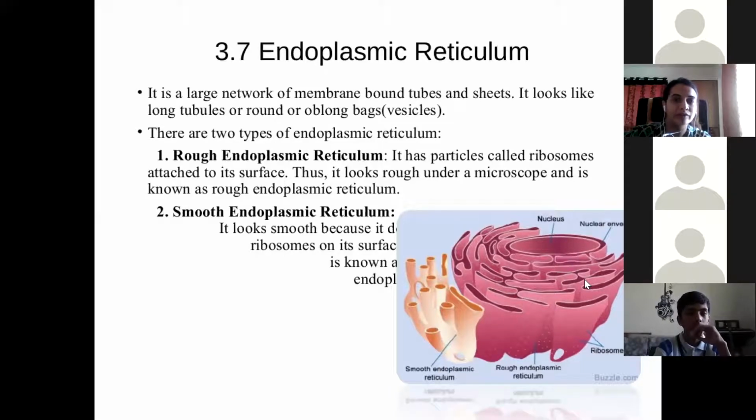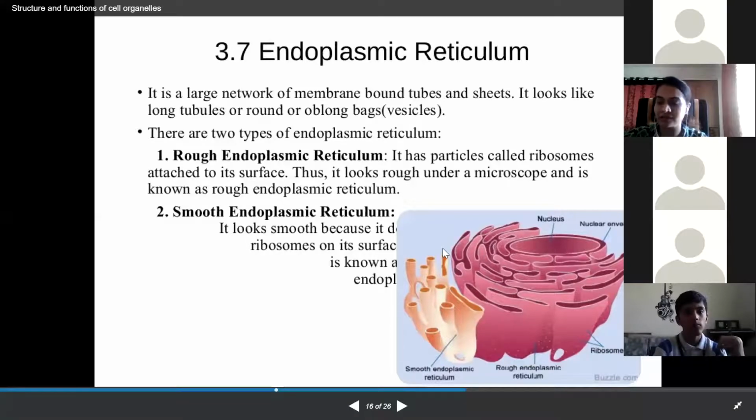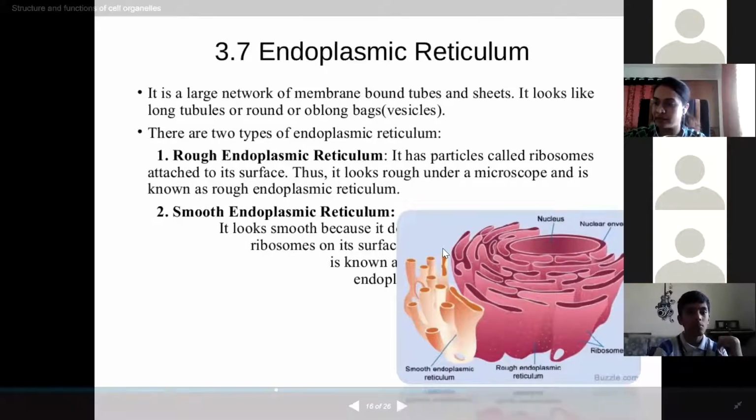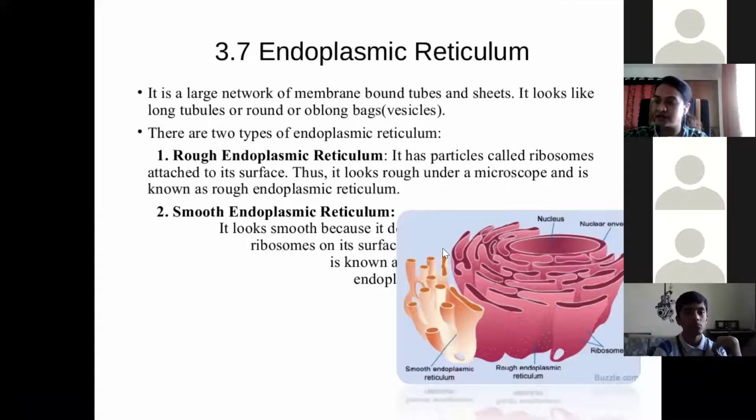The outer part of the endoplasmic reticulum is connected to the cell membrane or the plasma membrane, and its inner end is connected with the nuclear membrane. So you can imagine right from the boundary of the cell, from the plasma membrane, it is connected till the nuclear membrane, and then to the other end of the plasma membrane of the cell.